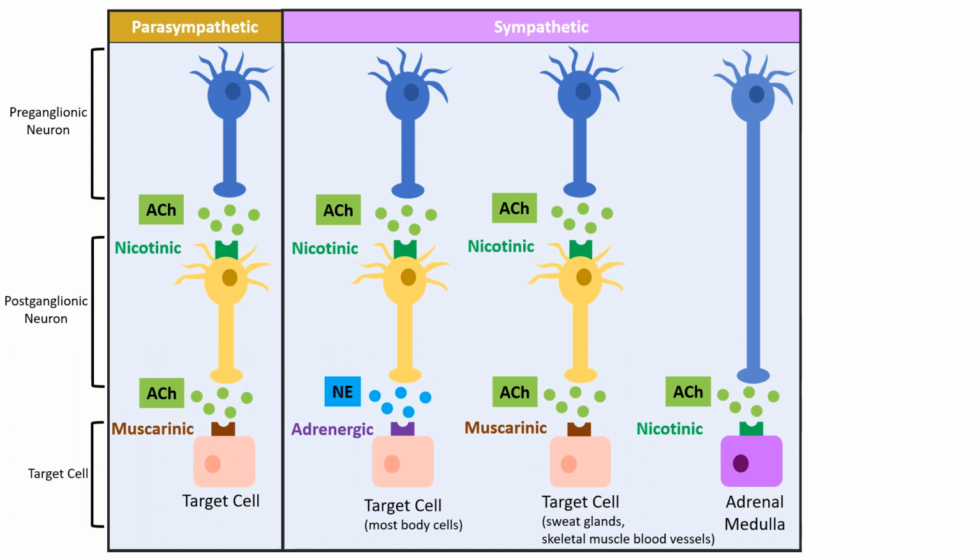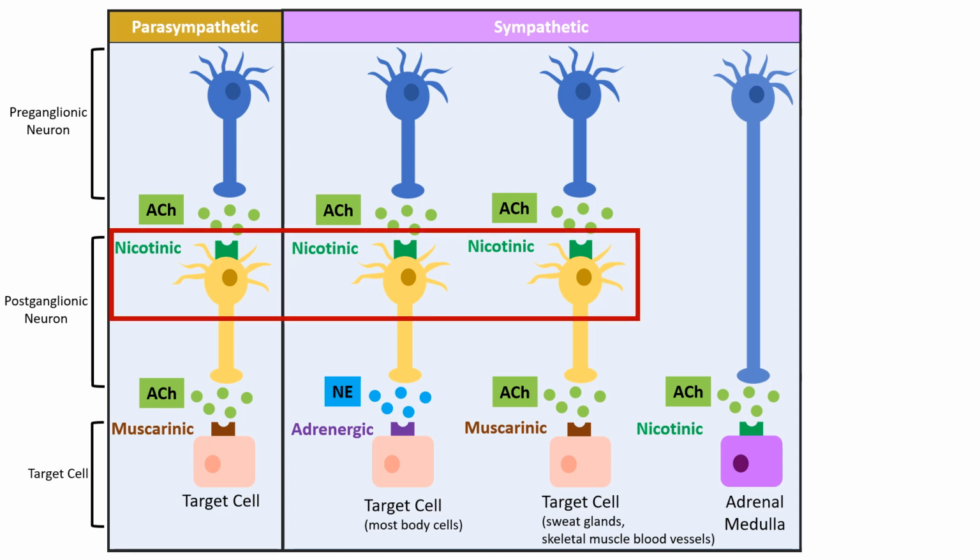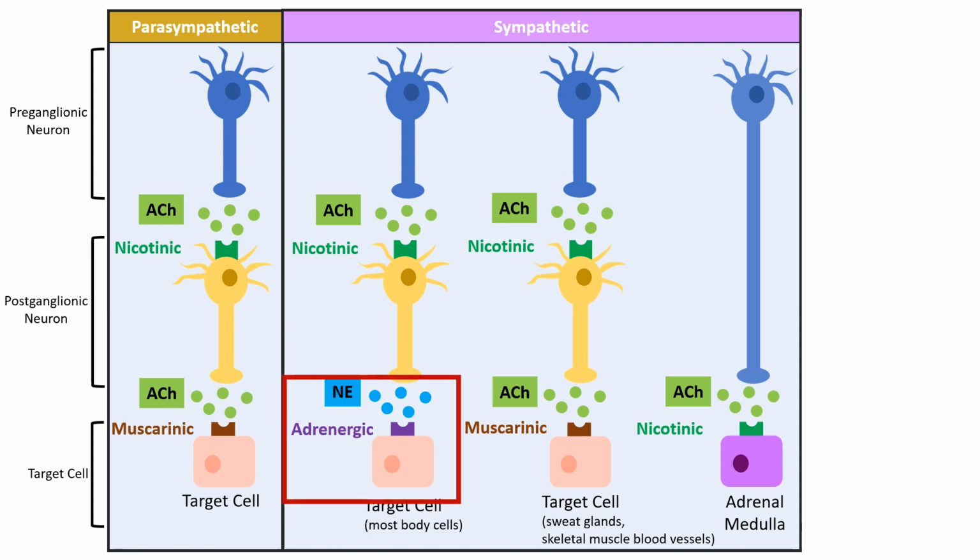The other pattern that you might notice is that the postganglionic neuron receptor type is always nicotinic. And the last thing I'll point out is that only adrenergic receptors are going to engage norepinephrine. Other than that, you're going to have to remember the muscarinics and the nicotinics on the target cell. So most of the variation that we're going to see is right along this target cell. I hope that helps.